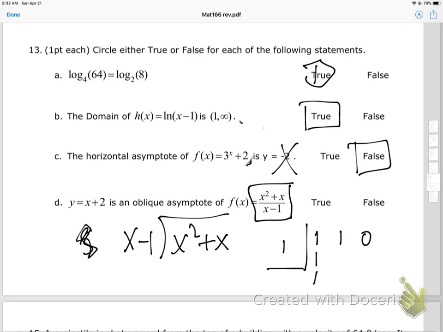So I'm going to do it by synthetic division. 1 times 1 is 1. Add those two together, you get 2. So in other words, this is x plus 2. Remember, if I divide an x squared by an x, I'm going to be left with an x. So by synthetic division, I actually do get that.